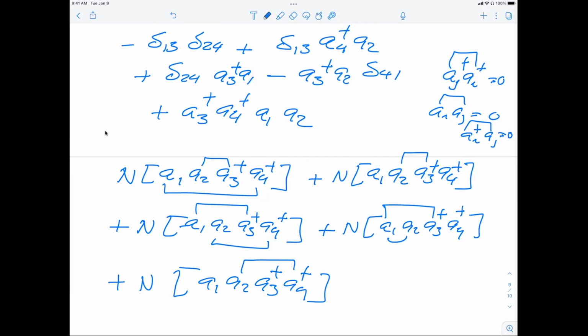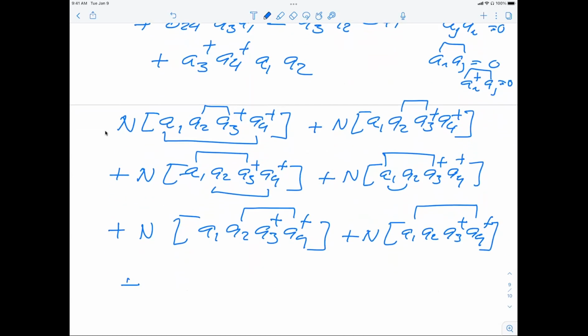Then I have plus, a normal ordered, and then I have A1, A2, A3, and A4. And in that particular case, what I have is a delta 4, 1, this one. And again, if you do the right interchanges, you get the minus sign. And finally, what we have is just a term where we take the operator and simply interchange everything so that we have just a normal ordered product.